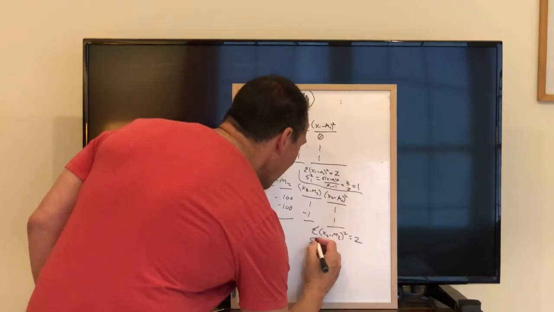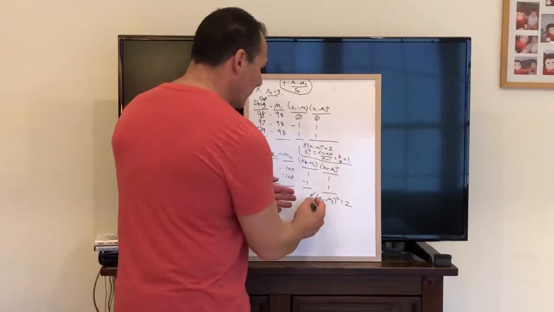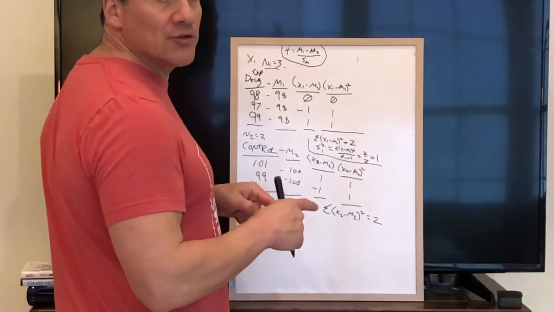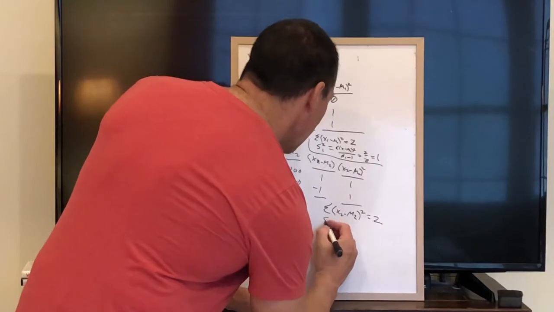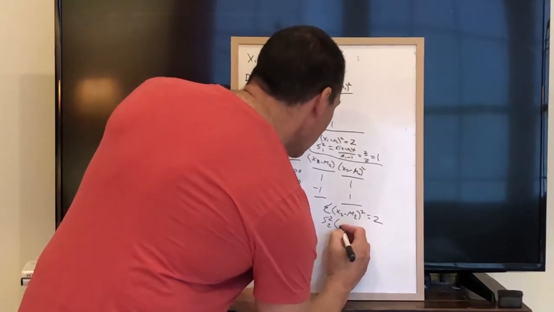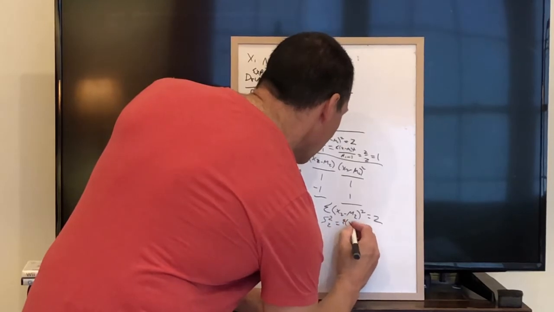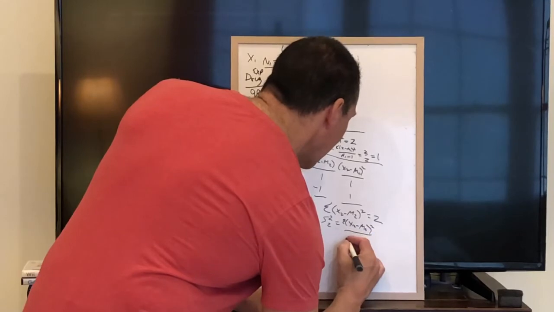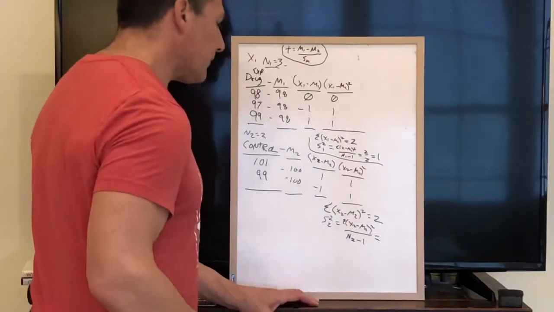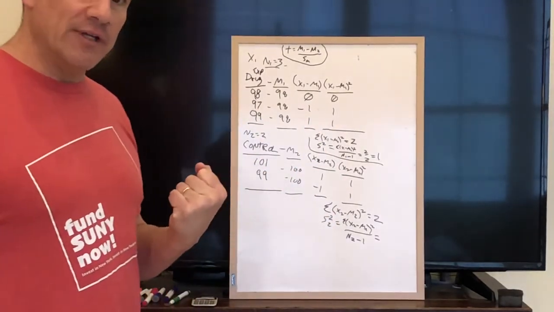Now, okay, so the sum of the squared deviation scores for sample 2 is 2, and s squared sub 2 equals sigma x2 minus m2 squared divided by n2 minus 1. So again, you remember this is like the average of the sum squared deviation scores.